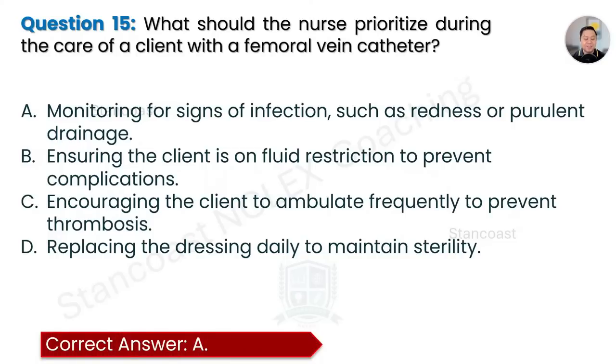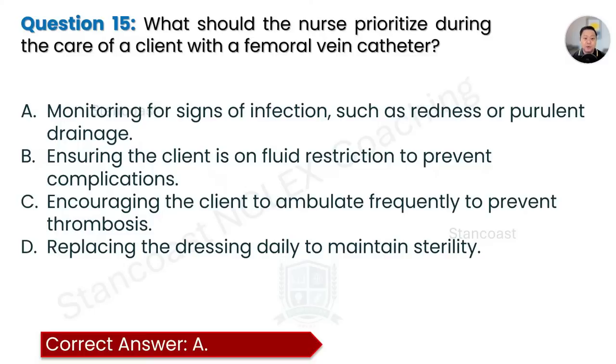The answer is letter A, because infection is a primary concern for clients with central venous catheters, including femoral vein catheters. And these catheters provide a direct access to the bloodstream, so it can increase their risk of catheter-associated bloodstream infections, known as the CLABSIs.